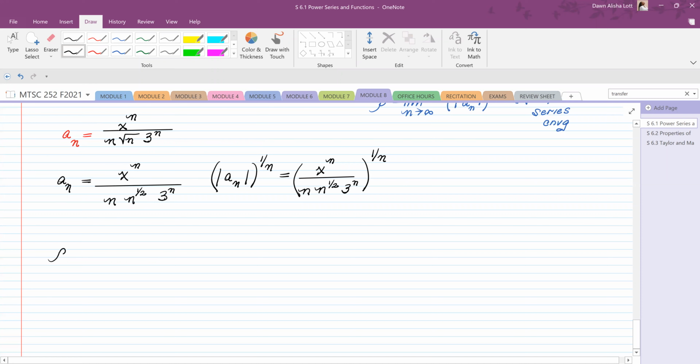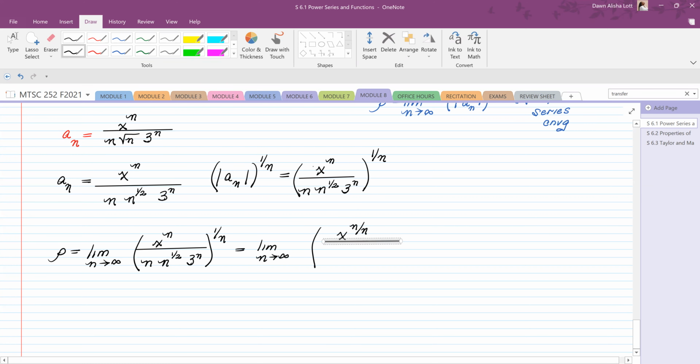So rho is the limit as n approaches infinity of x to the n over n to the 1/2, 3 to the n, raised to the 1 over n power. So I'm going to get x to the n to the 1 over n. That's that term.